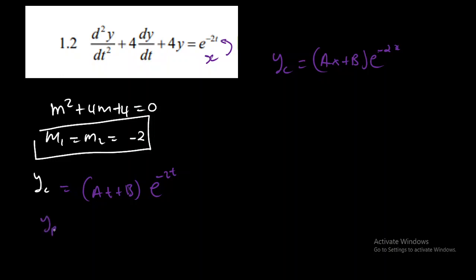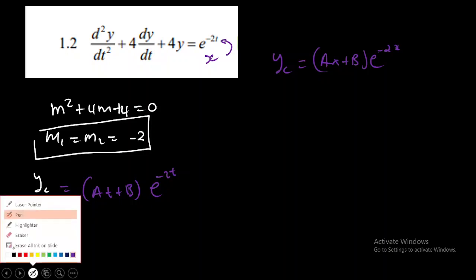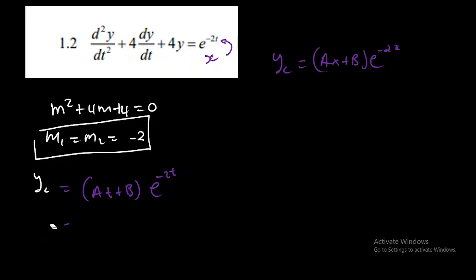For your YP, you're still going to do the same thing as we did previously. But if you open your eyes here, here's the tricky part. Always when you have roots which are twice, try by all means to simplify this further. You're going to have at e to the exponent minus 2t plus b e to the minus 2t.